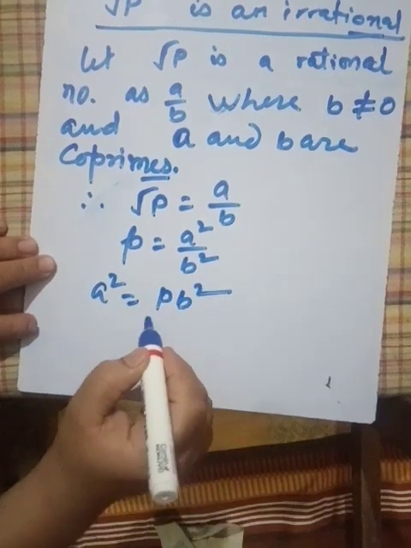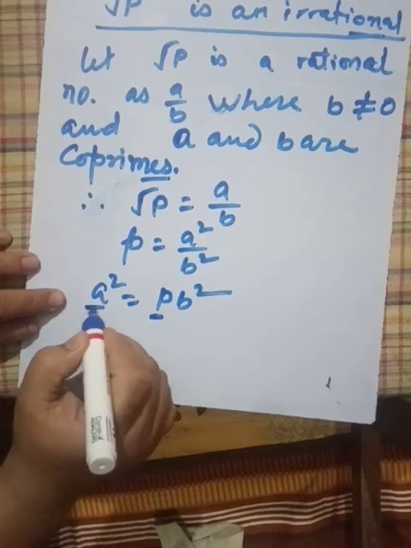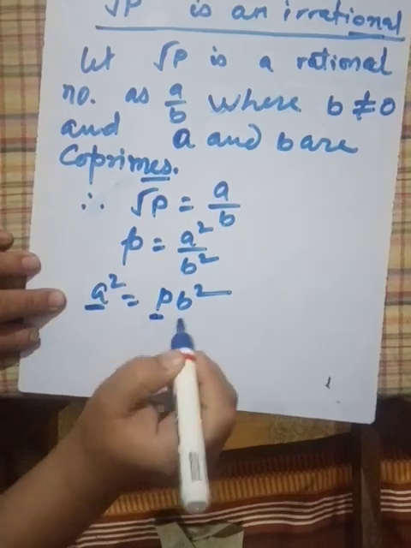So what happened? This A square is being written in the form of P into B square.